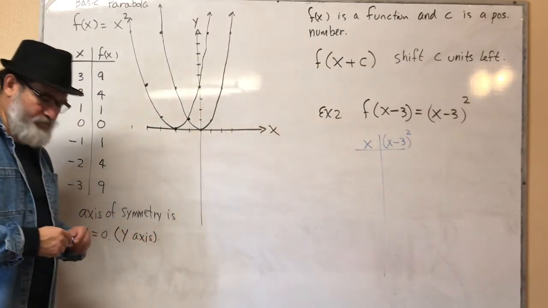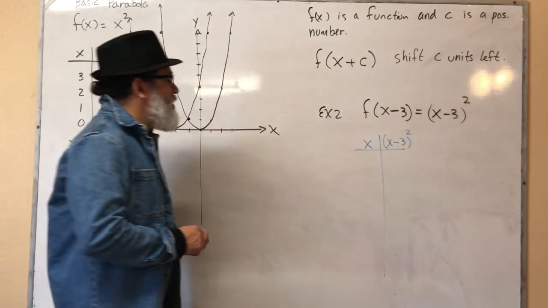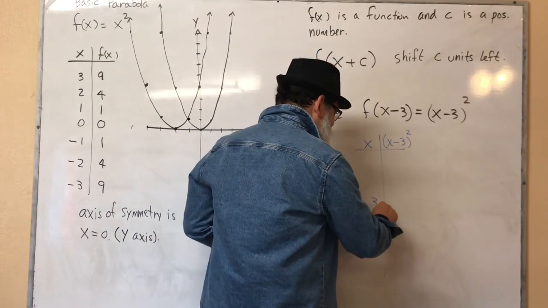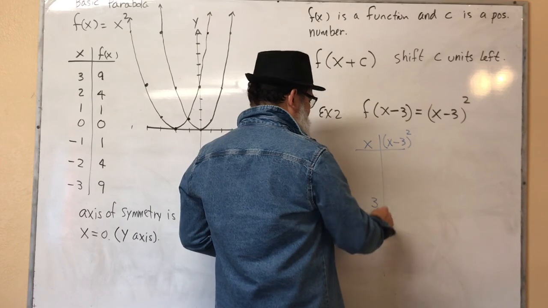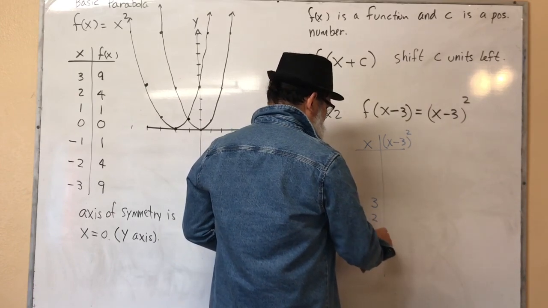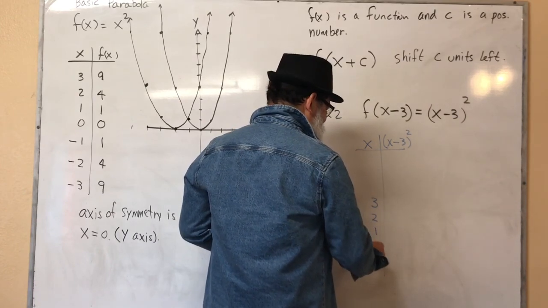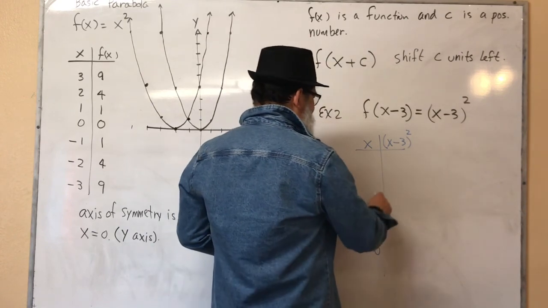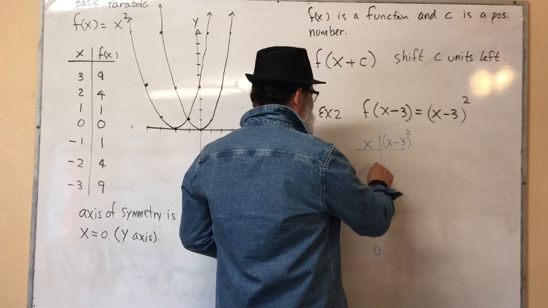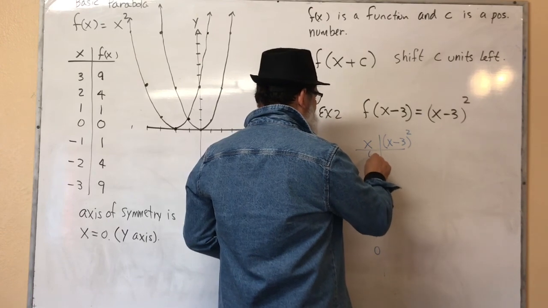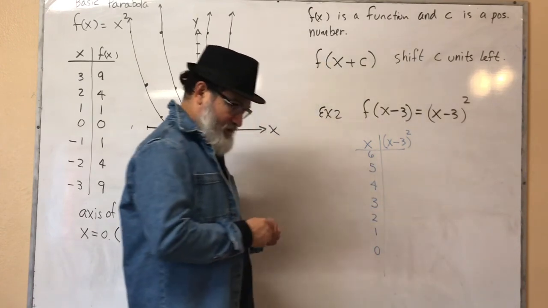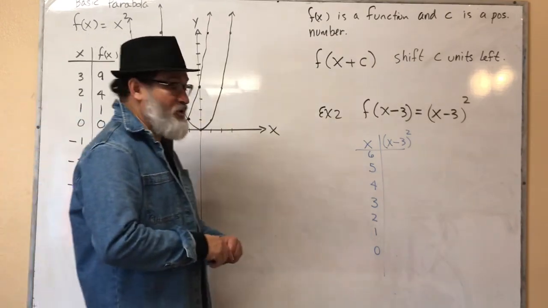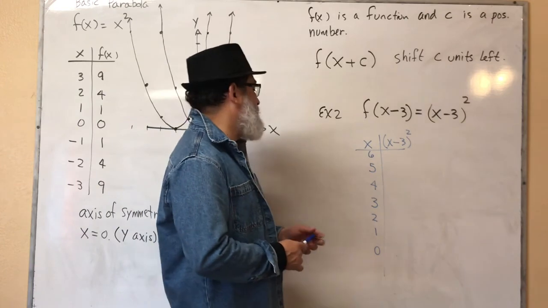Let x be 3. Let x be 2. Let x be 1. Let x be 0. Let x be 4. Let x be 5. And let x be 6. Watch what's going to happen to the basic parabola.